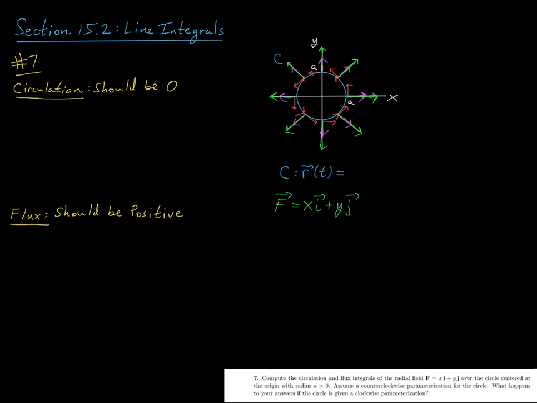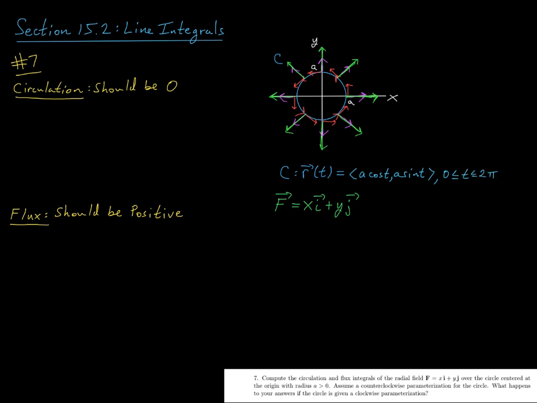Okay, so now let's actually do the calculations. For our path r, I'll parameterize this as a cosine t, a sine t. This will give us a counterclockwise parameterization. We'll let t vary from 0 to 2 pi.